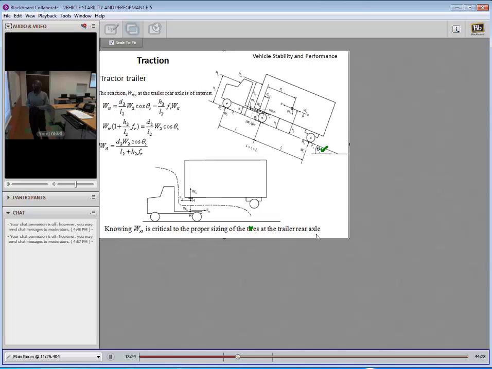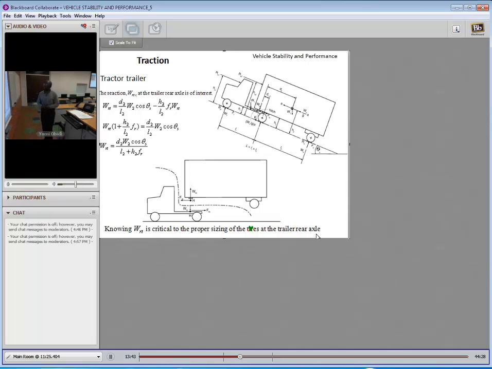With theta very small, sine theta is essentially equal to theta. This will not hold if theta is very, very high. And it's not often that we would come across a very high grade anyway, so that approximation makes sense in terms of what happens in real life.